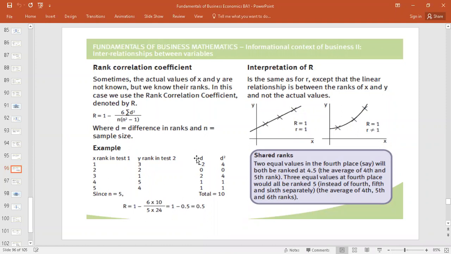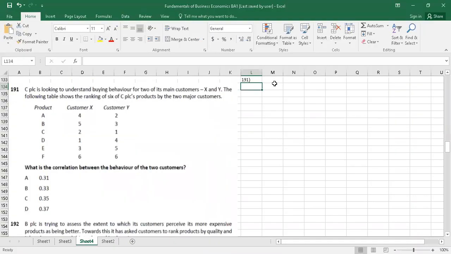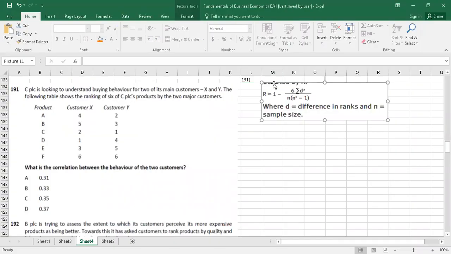Let me just copy that and bring it here. I paste it here.